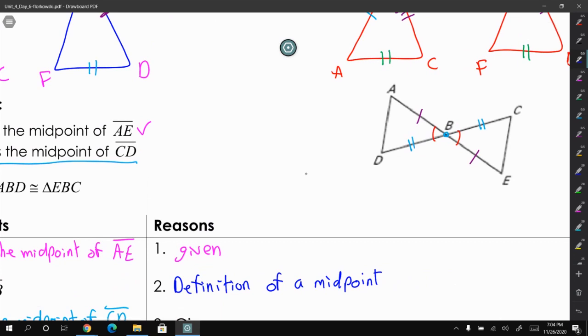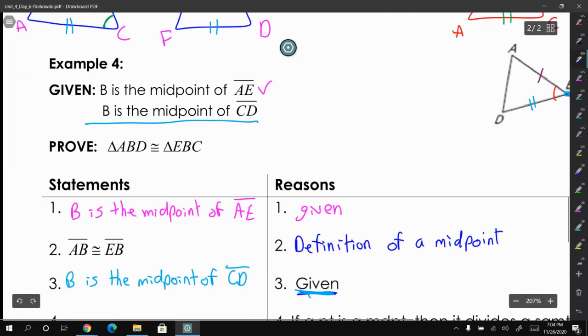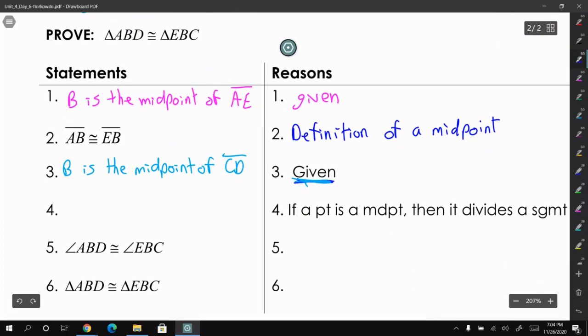This light blue, DB, is congruent to CB that I made tick marks in light blue. We were able to mark that because we knew that B was the midpoint. So we can say that BC is congruent to BD.